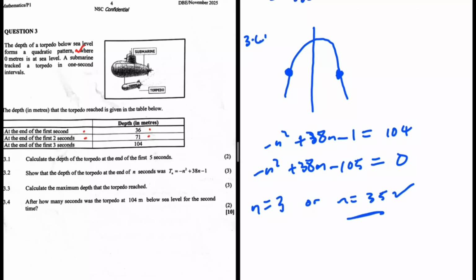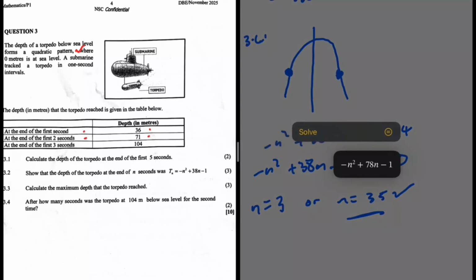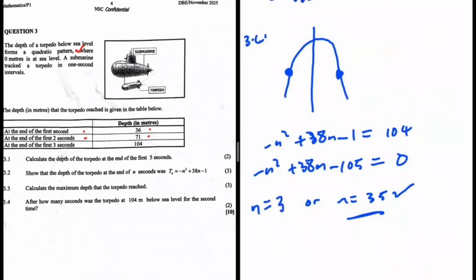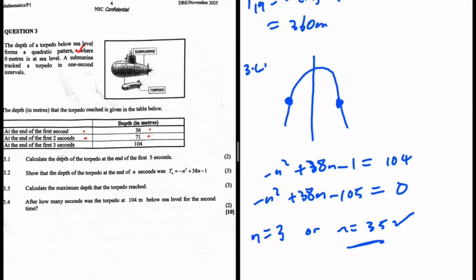I'm taking 35 here. Makes sense. I should have substituted the wrong thing there. Oh, does it want to solve for me? A suggestion to solve there. Minus 38 minus the square root of 38 squared, minus 4, a is minus 1, c is minus 105, divided by 2. Okay, I'm happy with that answer. I've substituted in the calculator in the correct way now.